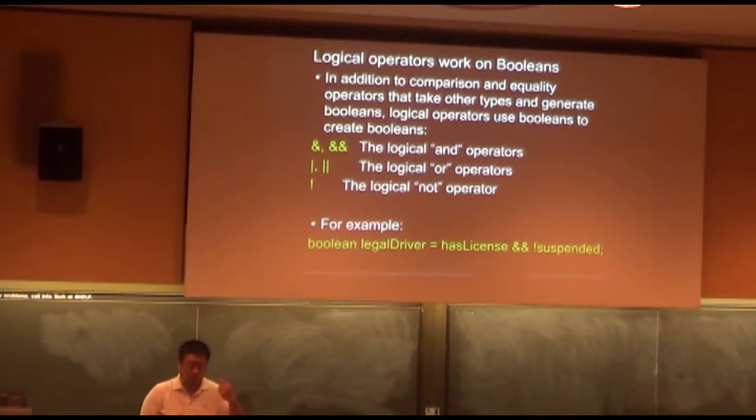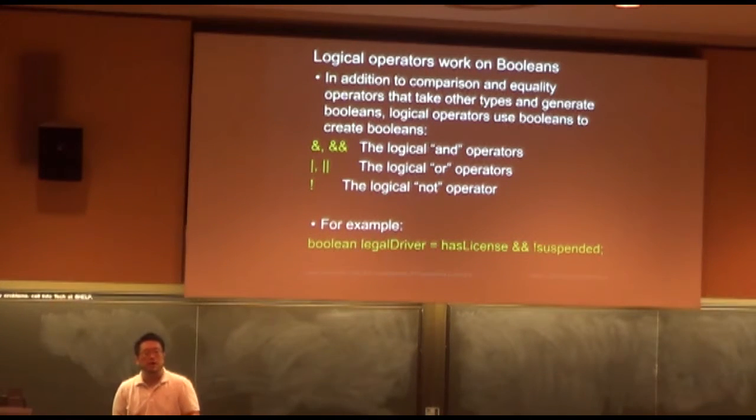Like they have to be older than a certain age, they have to have passed the driving test, they have to have passed the written test, and those sub-qualifications are combined through logical requirements. So they have to be greater than 18 or 17, depending on what state, and they have to have passed the test.